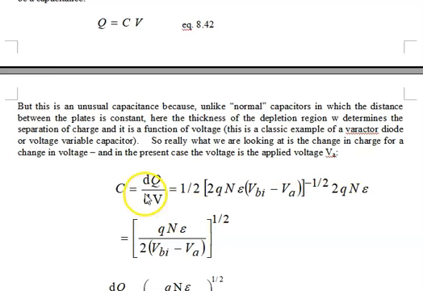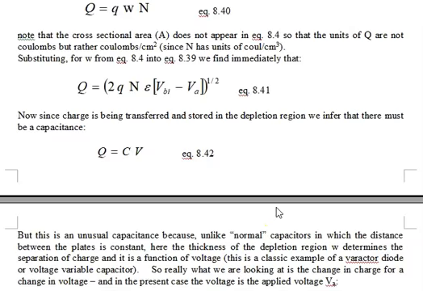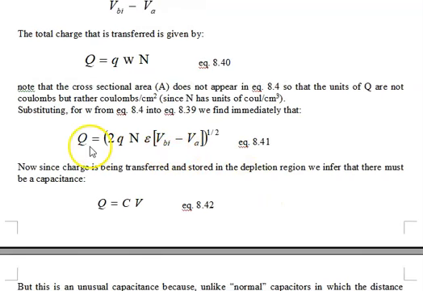And variable capacitors, instead of taking Q divided by V, we take the derivative dq dv. Now, this is not all that tricky. It's a little bit tricky in the fact that we're taking dq with respect to V sub A, which is buried in this larger formula. So how do we do it? We take down the 1/2.